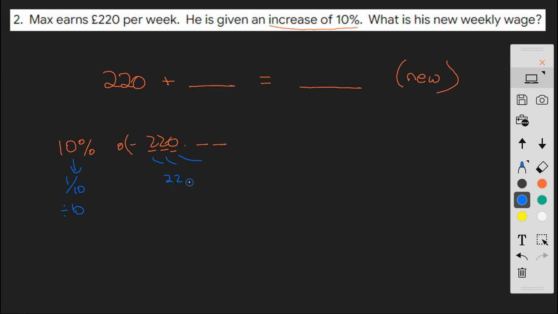So 22.0. So the number that we're going to add here is 22. So he starts with 220, increase 10% of that, add these two together, 242. Let's remember our units.